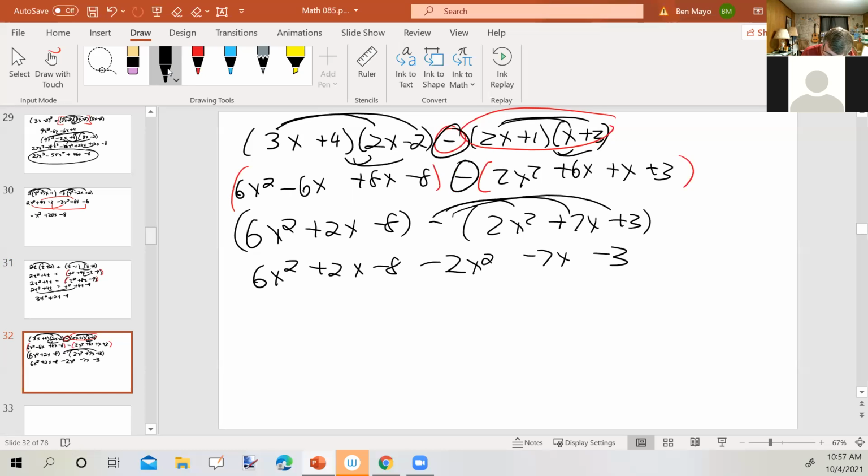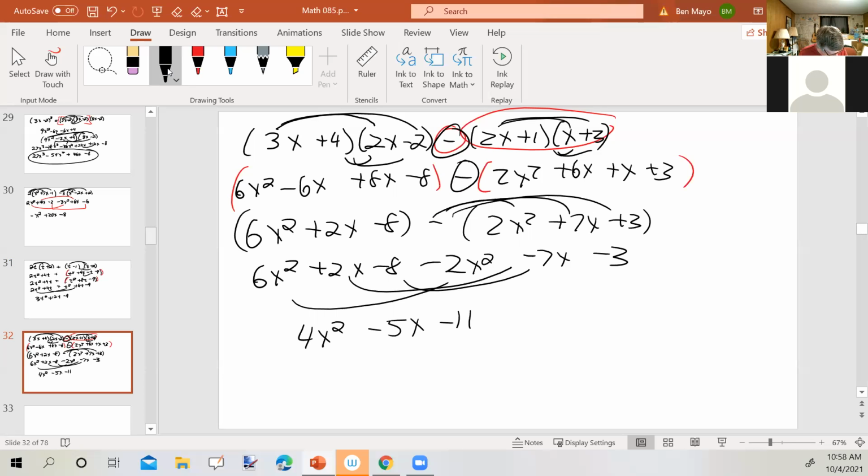Because I'm subtracting that whole thing, I need to keep that whole thing grouped until ultimately I distribute that subtraction. So now combining like terms, 4x squared minus 5x minus 11. Okay. Any questions about that? You really got to be careful of those subtraction signs.